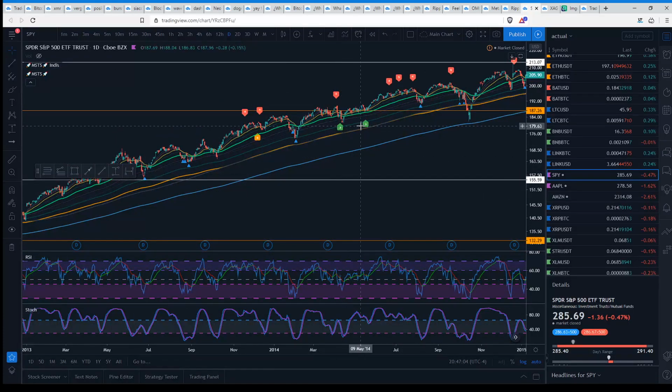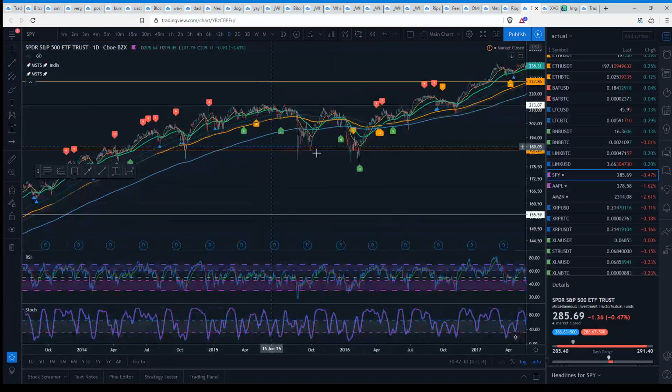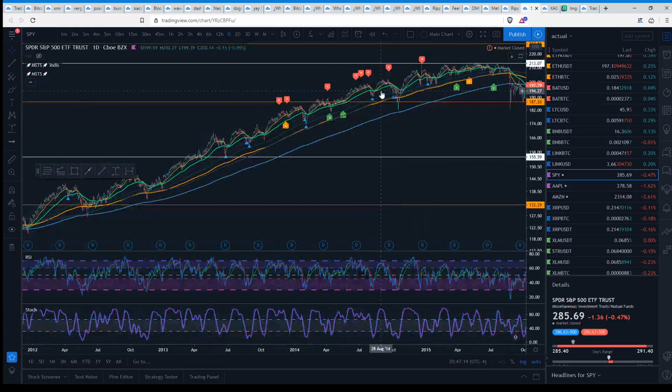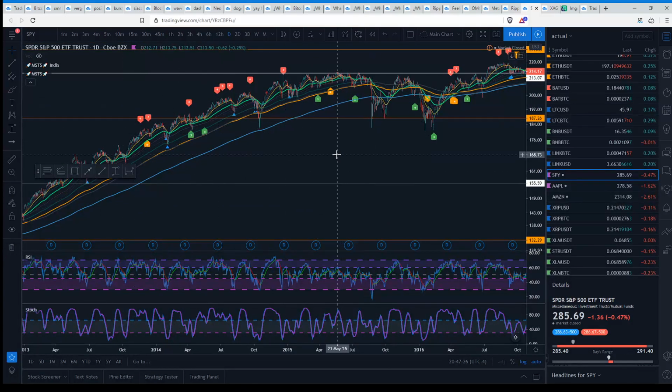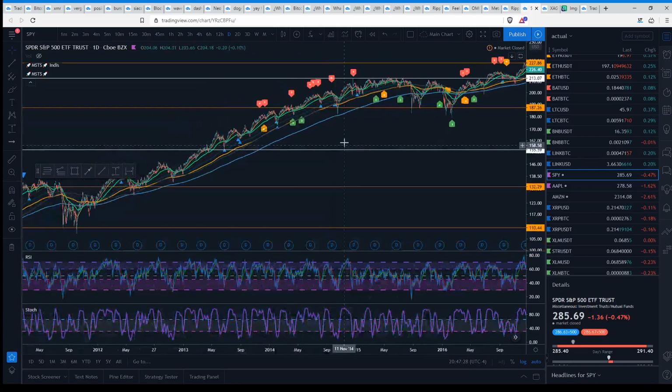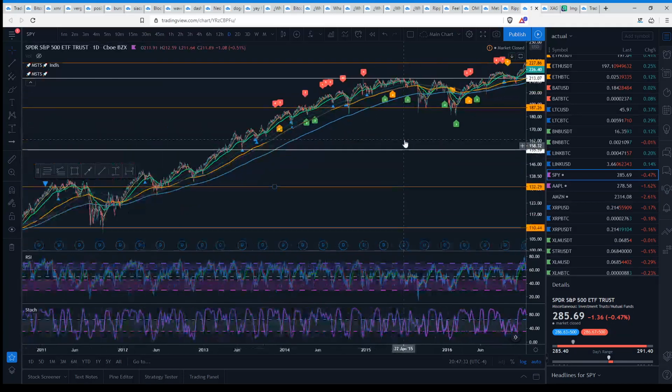Now during bull markets, the buy indicators are stronger than the sell indicators. So usually in a bull market you want to see sell reversal indicators clumped up, and on bear markets you want to see bullish reversal signs clumped up. Let's see if we can get, no, we don't go so far.